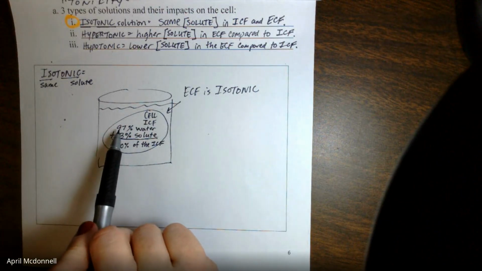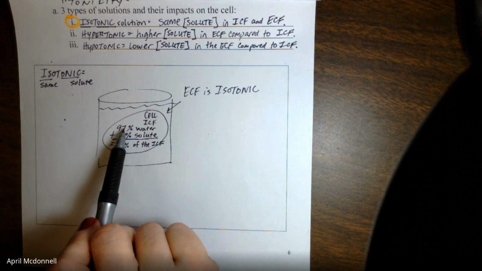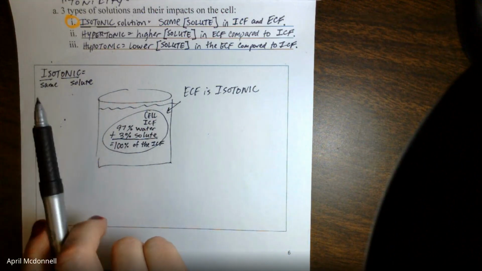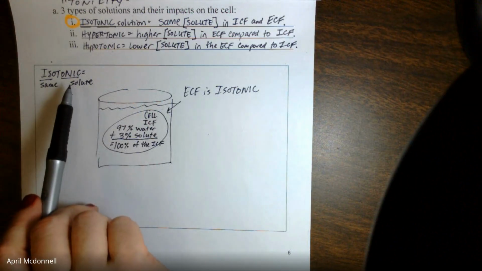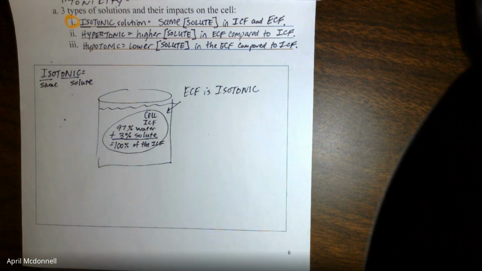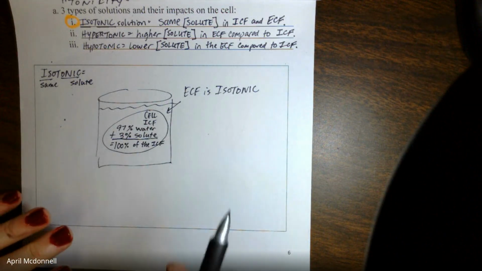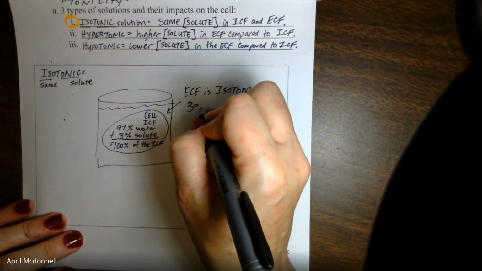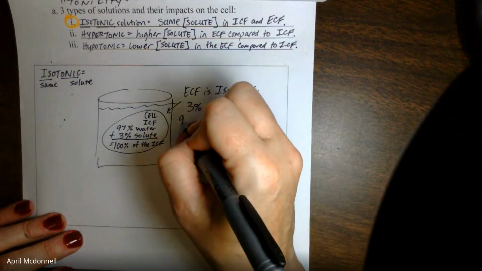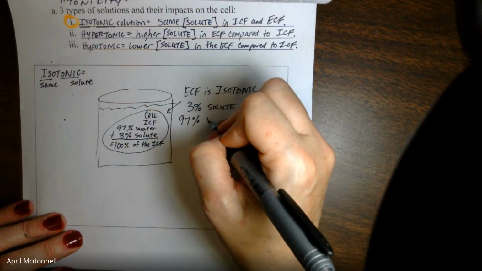So if there's 97% water, there must be 3% solute. Remember that the term isotonic means the same concentration of solute in the ECF compared to the ICF. So if it's the same concentration of solute, the ECF should also have 3% solute and 97% water.